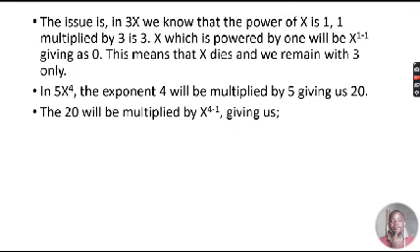So the 20 will be multiplied by x to the power 4 minus 1, which is going to give us 20x to the power 3. How has it reduced to 20x to the power 3? After we multiply 4 by 5, it is giving us 20. Remember, our x was to the power 4. But every time you multiply the coefficient by the exponent, the exponent must give up 1.